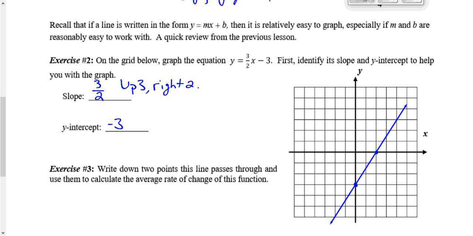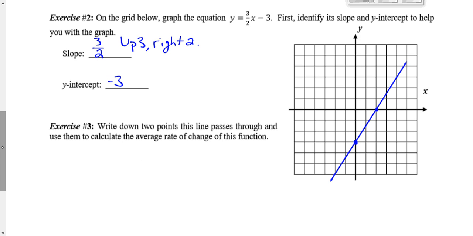All right. What are we doing, exercise 3? So it's still based on the same equation up here. Write down 2 points that this line passes through. And then let's calculate the average rate of change. So let's find 2 points. Or maybe we could just pick the 2 that we plotted. We could pick that, right?